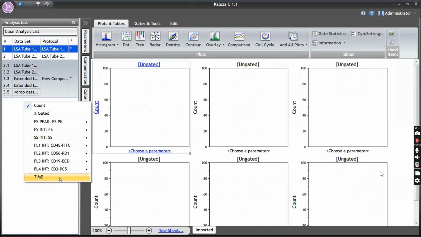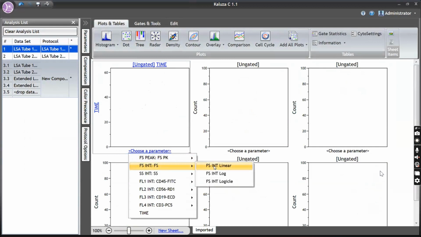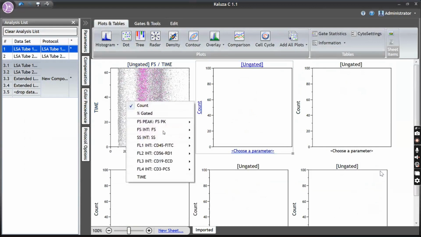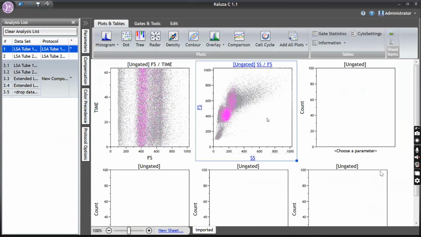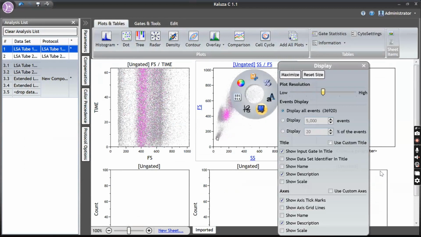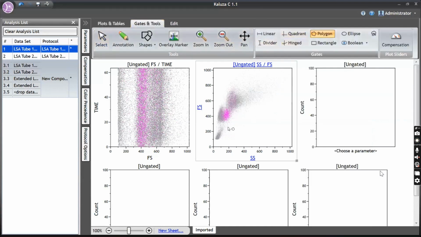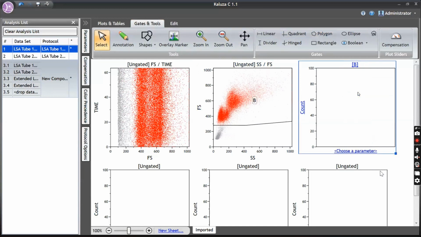The first plot you need to check is time versus forward scatter for stable acquisition. That's fairly okay. Then you need to check viability. You should eliminate events which have low forward scatter and side scatter. Once I eliminate them, I'll get only the viable populations. Then what is the third plot?